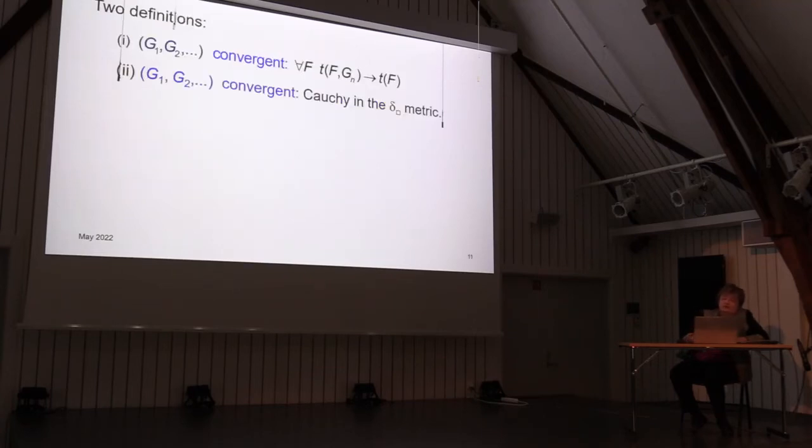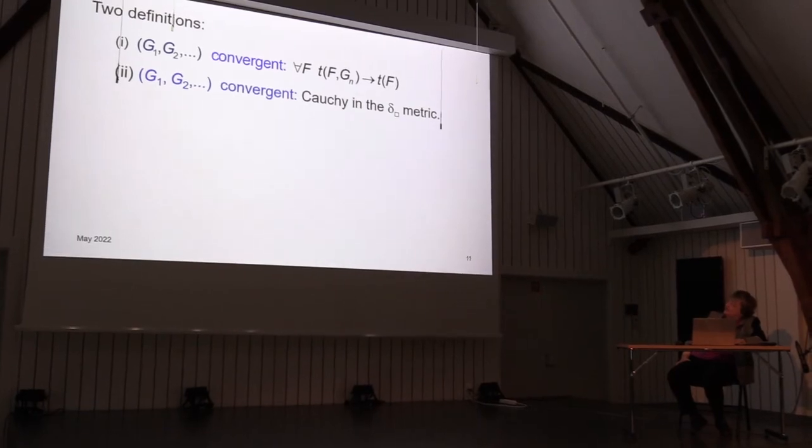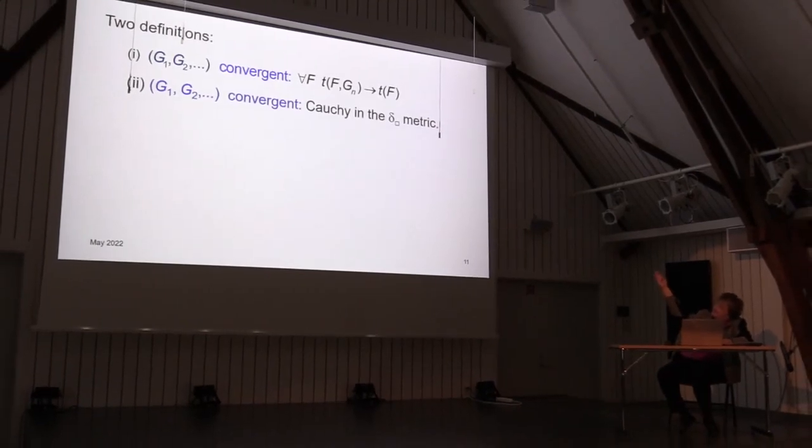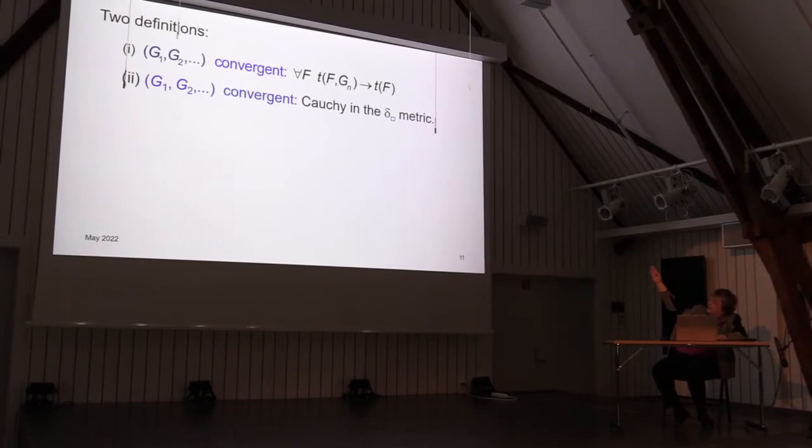Now I am able to give you two definitions of convergence. If for every graph F the densities of a sequence Gn go to a certain density, then we call them convergent. Another one: we love Cauchy from our analytic studies.